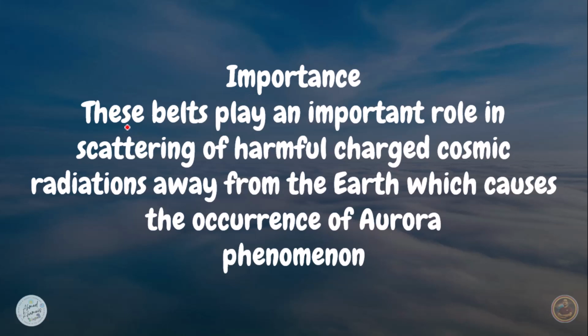So these belts play an important role in scattering harmful charged cosmic radiation away from Earth, which causes the appearance of aurora phenomena. As they deflect them away from Earth, they cause a phenomenon called aurora.